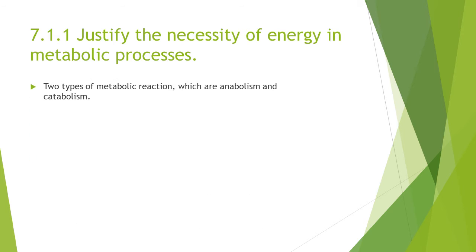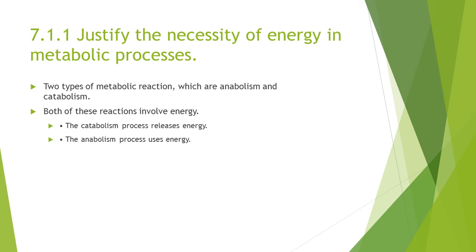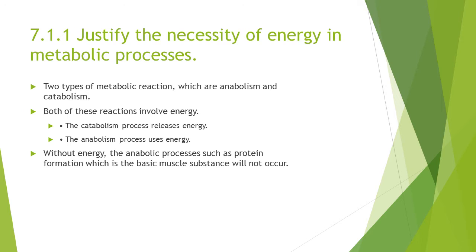The necessity of the metabolic processes: you already learned in the last two chapters about the metabolic reactions, which are anabolism and catabolism. For your information, the catabolism process is to release energy, whereas anabolism is to use energy.